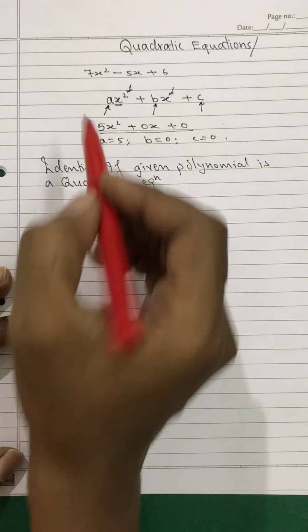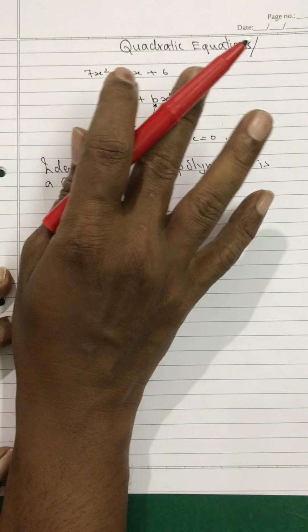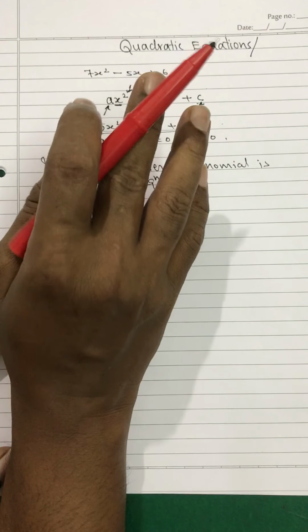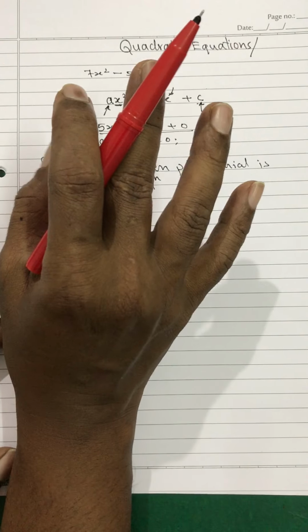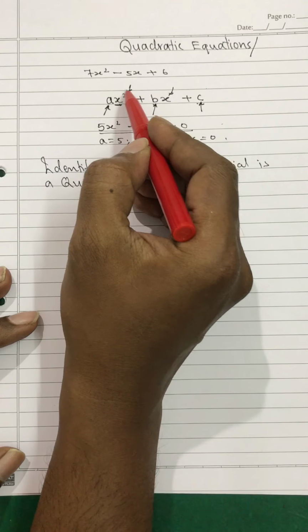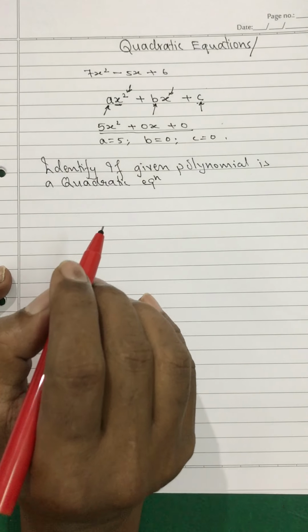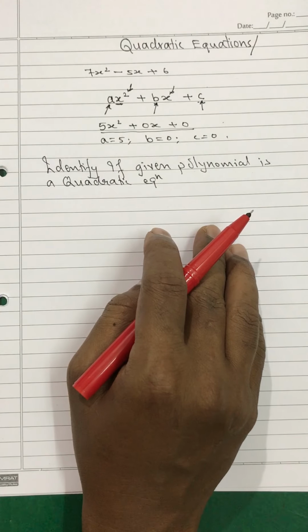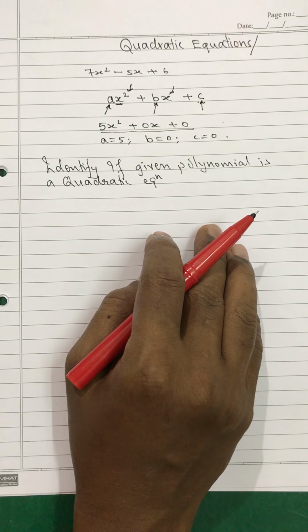There is no condition on the coefficients of the variable, neither on the variable itself. The variable can be any alphabet from A to Z. But the power of the variable has conditions. First and foremost, the power of the variable should not be anywhere more than 2.